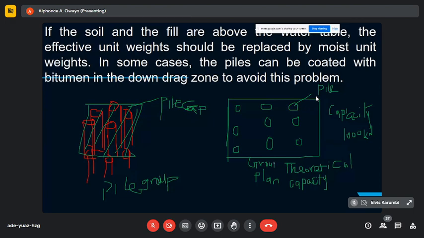Yes, this would be 9,000. But the reality is that the capacity will not be 9,000. Anyone with an idea, will it be less or more? Less. Yes, good. Why?